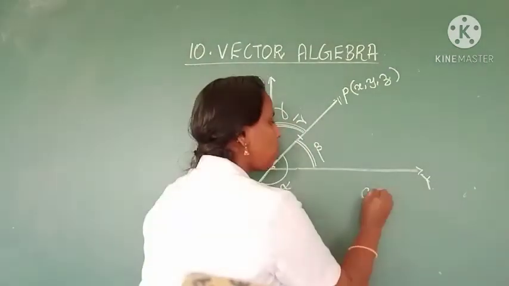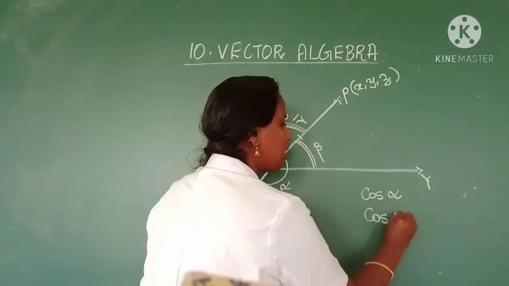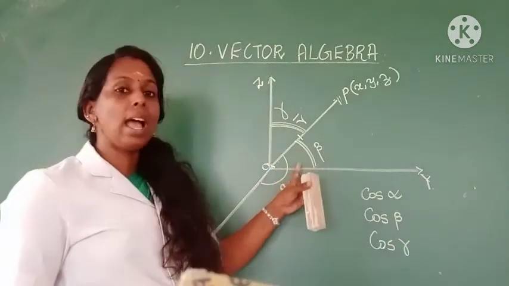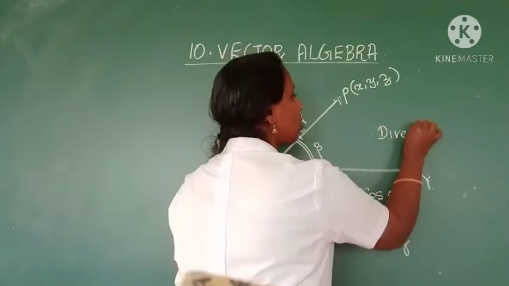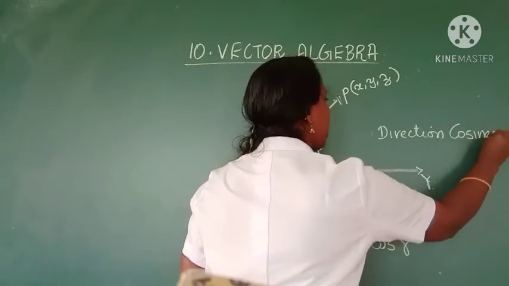Now, the cosines of these angles, that is cos alpha, cos beta, cos gamma, are known as direction cosines. See the term direction cosines.